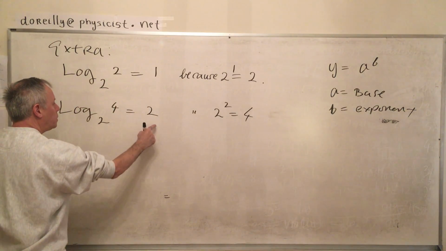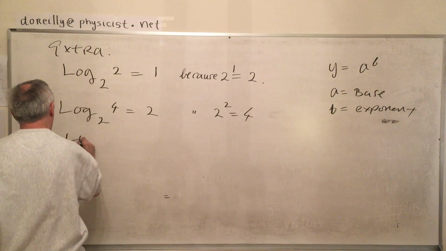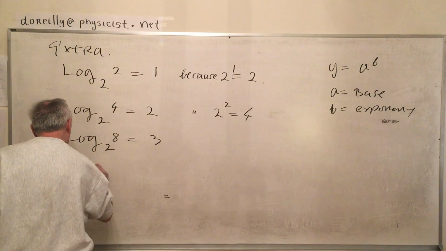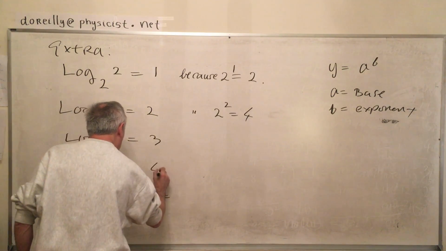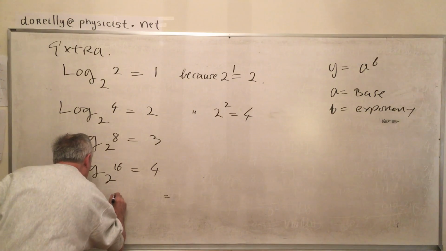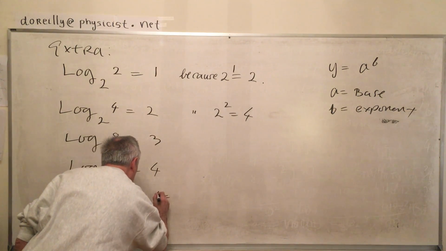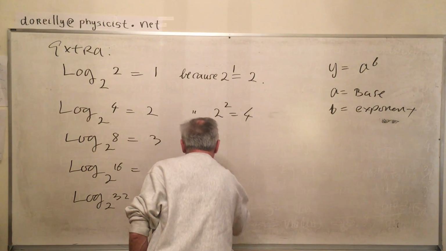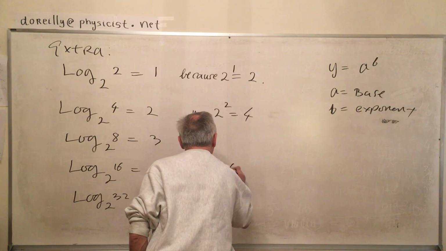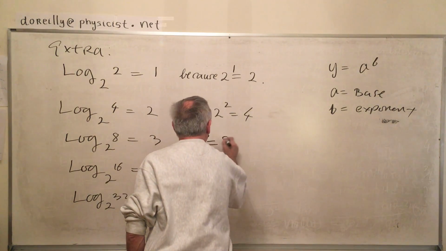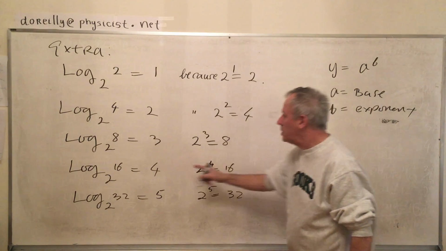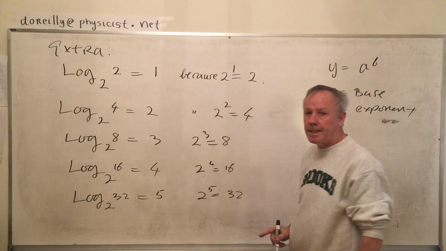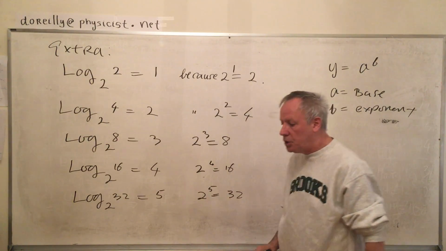Log of 4 to the base 2 is 2 because 2 squared is 4. That's the way it works. 2 cubed is 8, so the log of 8 to the base 2 is 3. 2 to the power 4 is 16. 2 to the power 5 is 32.